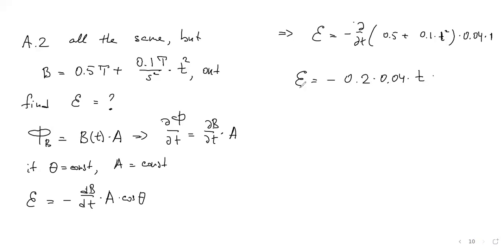So my EMF will be a function of time, because the rate at which magnetic field changes is increasing. So the EMF will be greater and greater. So this is a direction, which is clockwise. And this would be the magnitude.